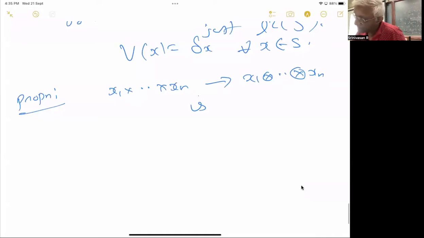Times the norm of alpha x1i square plus x2i square, plus mod alpha square times the norm of x1i square plus the norm of x2i square, minus 2 times the real part of the inner product of alpha x1i plus x2i with alpha x1i, minus 2 times the real part of alpha x1i plus x2i with x2i, and then plus alpha x1i with x2i. I think it's okay.